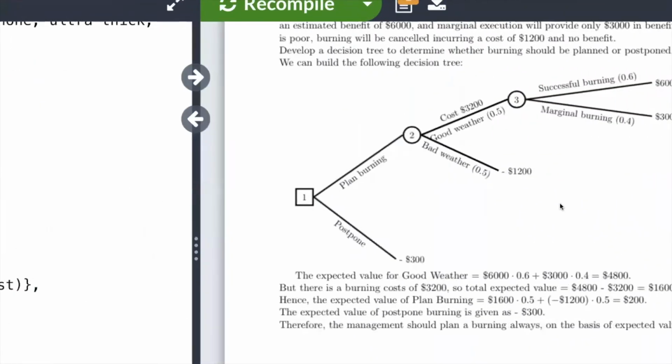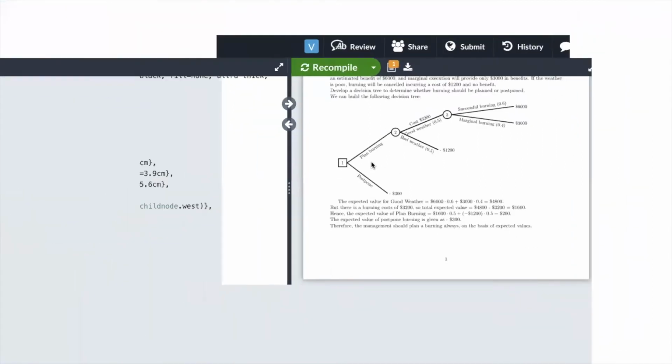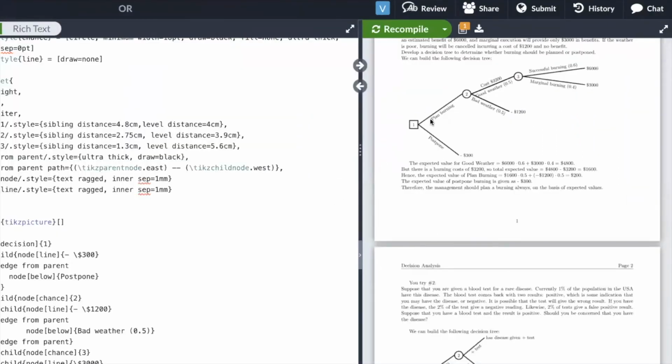So siblings in this case would be this one and this one are siblings just because they have the same parent. This and this is siblings together, and this is the parent, and those two are siblings with this is their parent. And let me just show you, like if I change the distance, and the distance is how long the branch is.